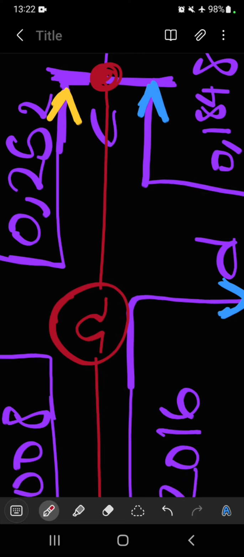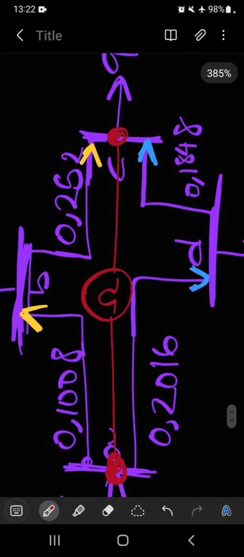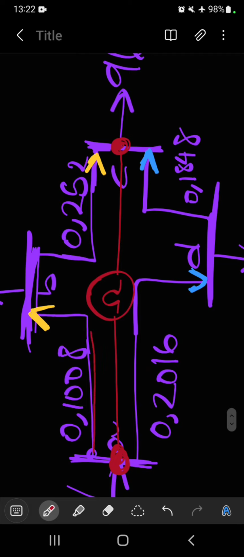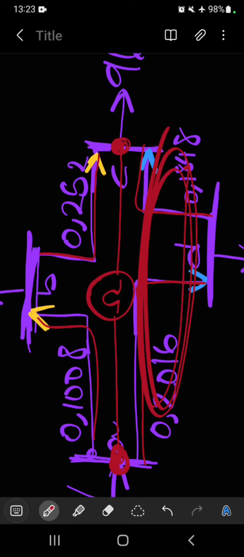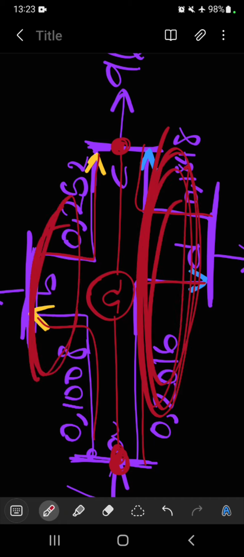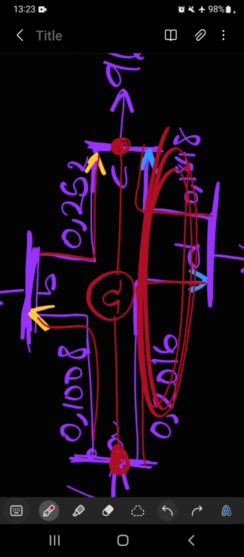Looking at the way the circuit is structured, we can see that RAB and RBC are in series, and RAD is in series with RDC. Then the top section is in parallel with the bottom section. That's what we're gonna do now.